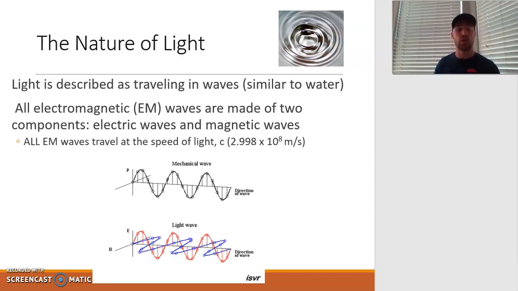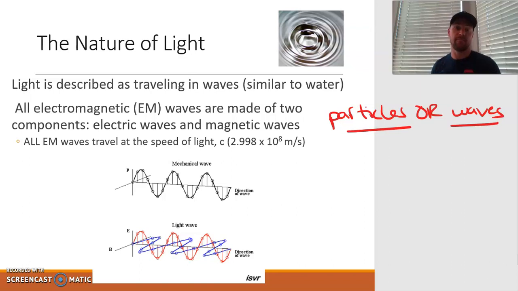Light is described as traveling in waves, much like the ripples in a pond. If you were to drop a pebble in water and you notice those ripples moving out, that was how light was typically or generally viewed. And so light is described as a wave. Now, a little backstory, because this will come into play later. Back in the classical physics world, scientists believed that there were either particles or waves.